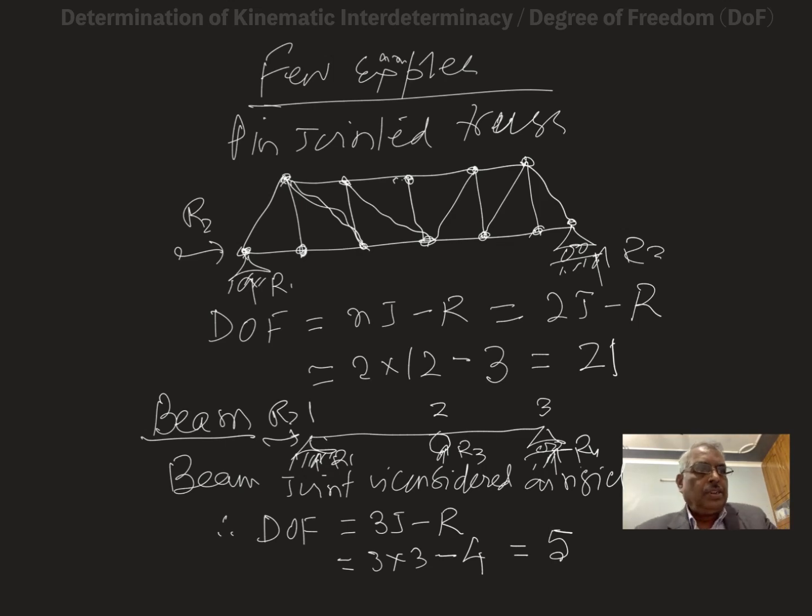So how are we getting this 5? Well, let us take the example. How do we get this degree of freedom 5? Now let us draw the free body diagram and we can get it.